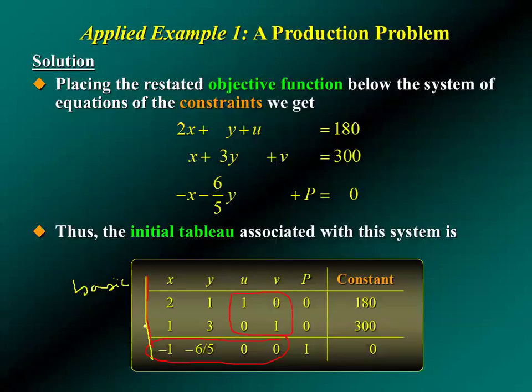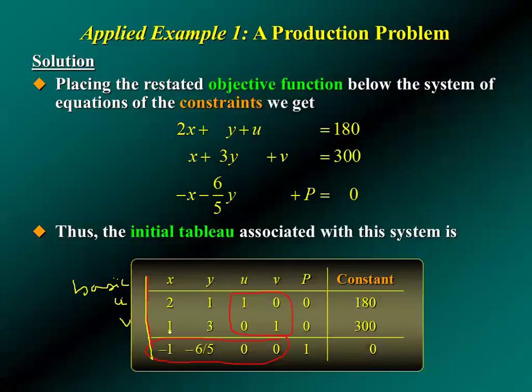Where my identity matrix is, I'm going to define as the basic variables. So, u and v are the basic variables here. This is a simple way of solving. We have a system of linear equations here: 2x plus y plus u equals 180, and x plus 3y plus v equals 300.